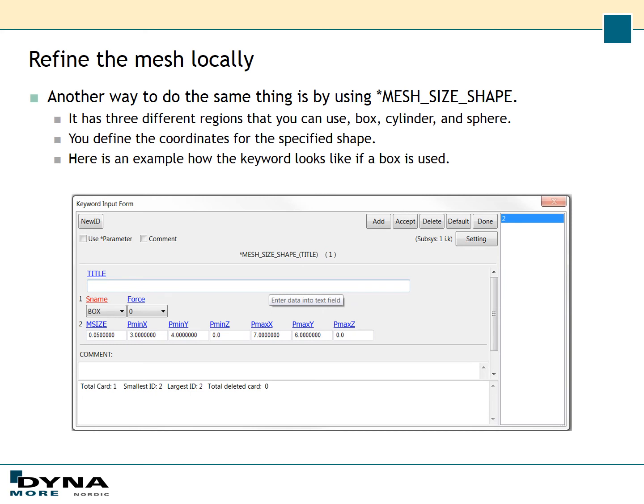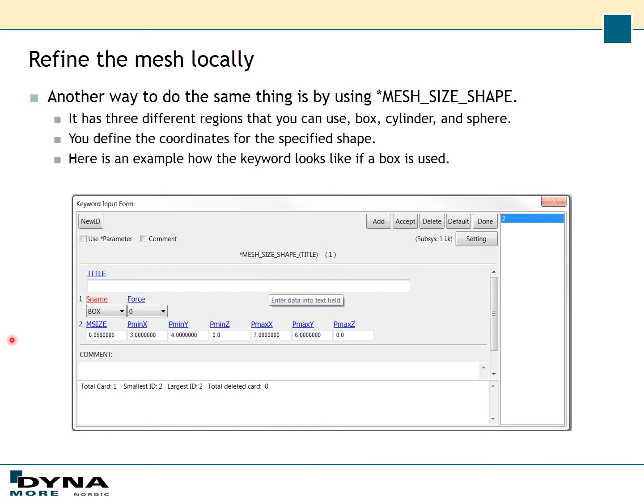Another way to do the same thing is by using mesh size shape. This keyword uses predefined regions, and you can use a box, cylinder or a sphere. And you define the coordinates for the specific shape and also the mesh size. So here is an example of how the keyword looks.